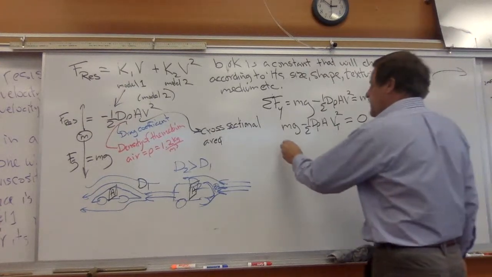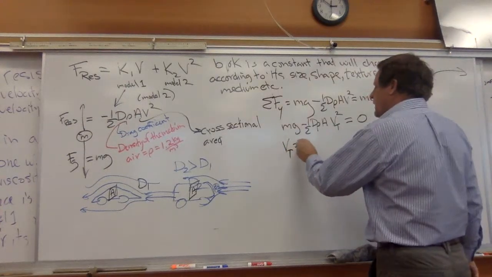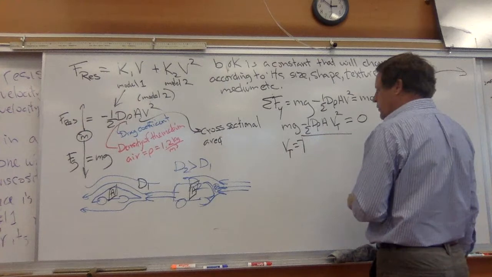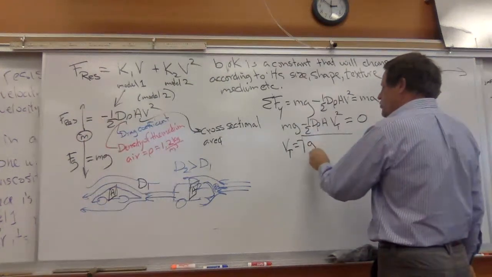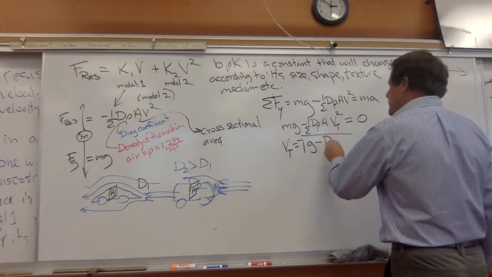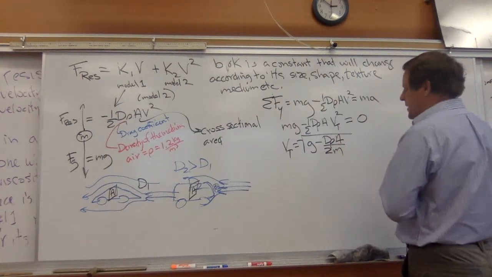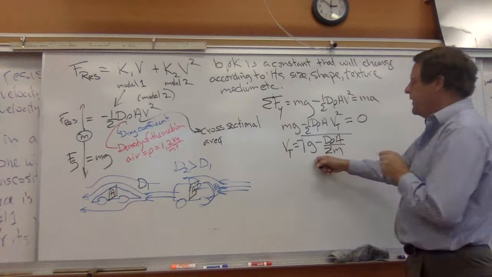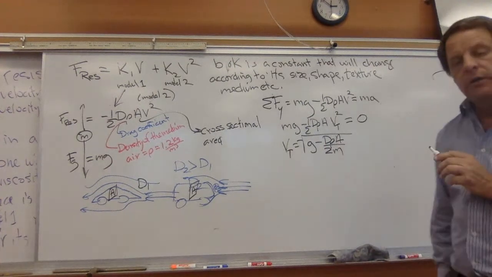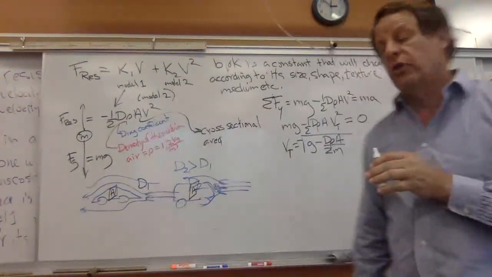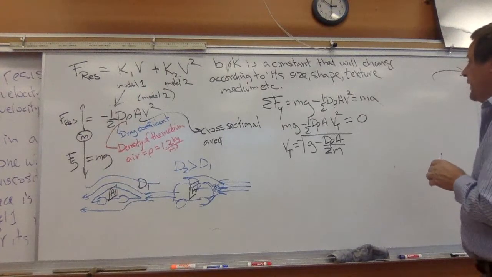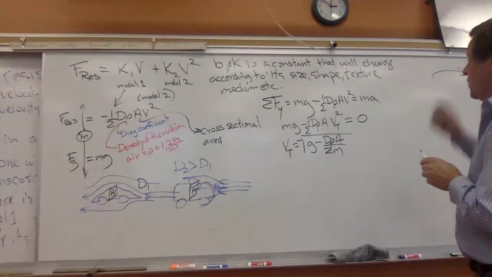If we rearrange this, we can calculate terminal velocity as equal to the square root of 2mg over d rho A, and that would be terminal velocity.